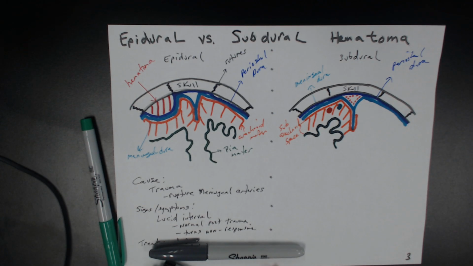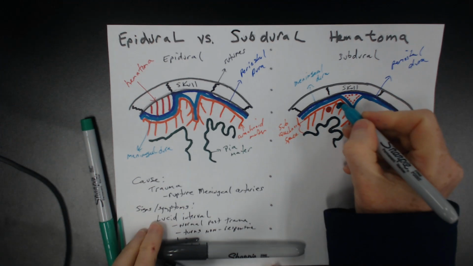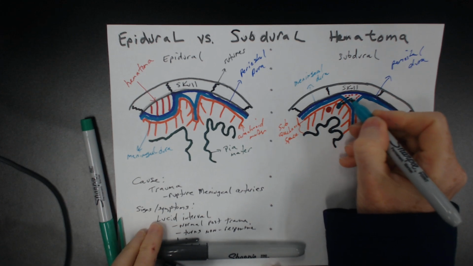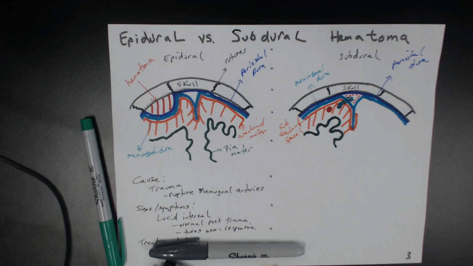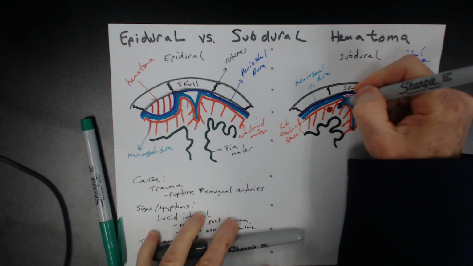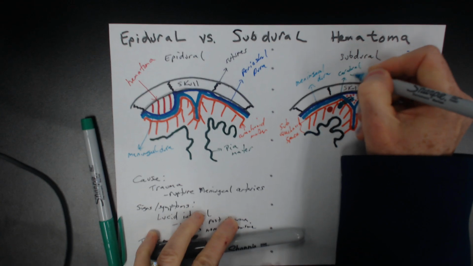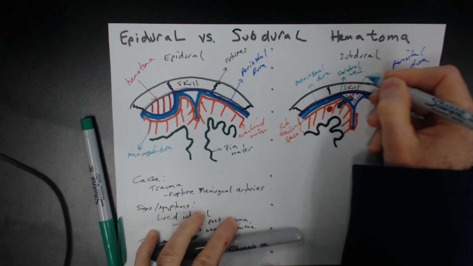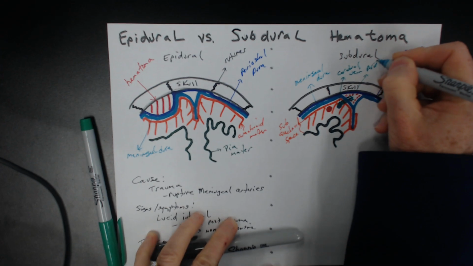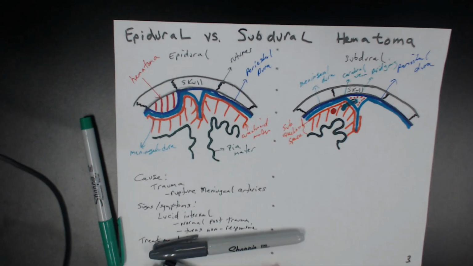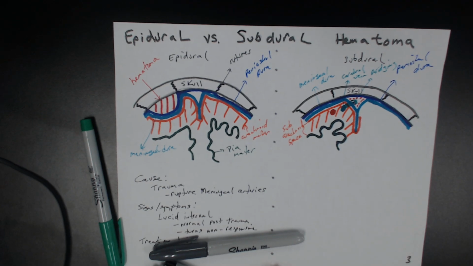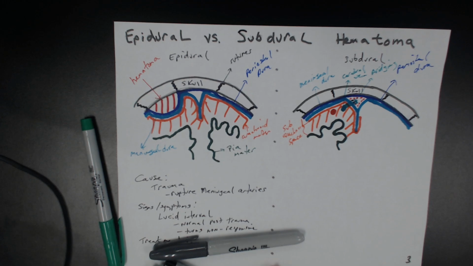And those cerebral veins drain into the superior sagittal sinus via the bridging veins. Okay, so just a quick review, nothing new. So this is a cerebral vein. And then this is the bridging vein. And this is normal here on the left side of the image. Okay, so everybody see where we are? Nothing new yet.